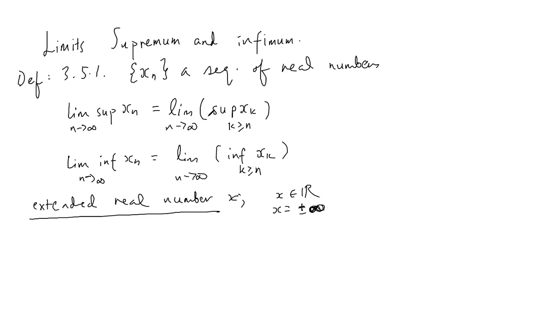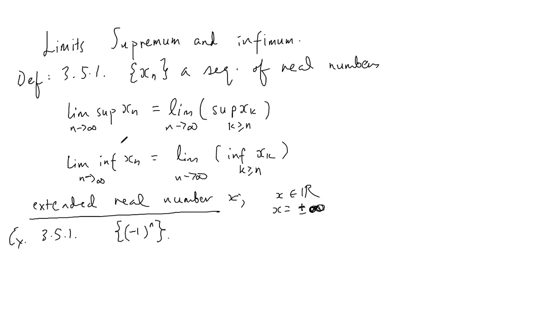So this is the definition. Let's try to see them in action, so we look at example 3.5.1. If you have this sequence, we want to find the lim sup.